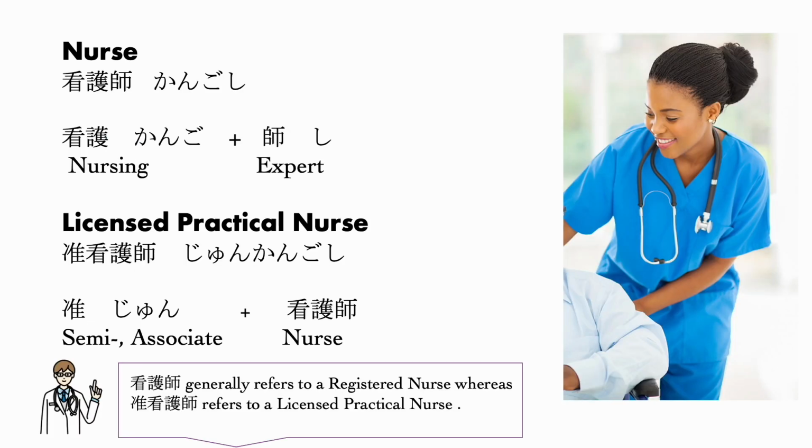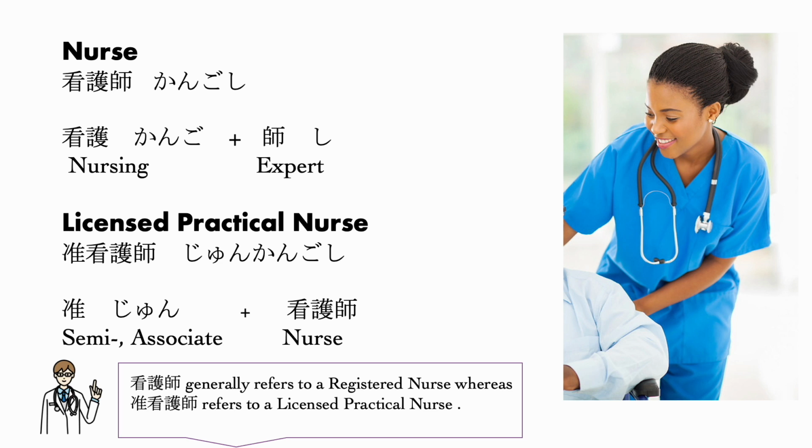The next roles we have are the nurses, and the word for nurse being kangoshi. Breaking it down, we've got the word kango, which is the word for nursing, and the kanji shi, which means expert or teacher. So altogether it is nursing expert or kangoshi, which means nurse. We also have licensed practical nurses, which in Japanese is jun kangoshi.